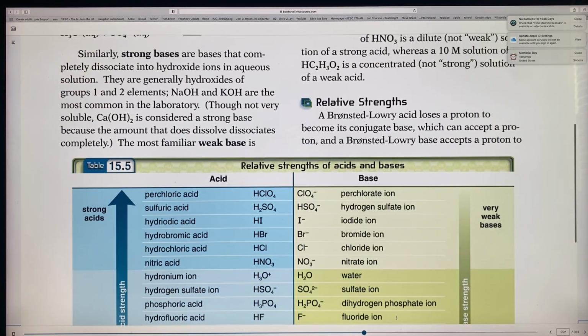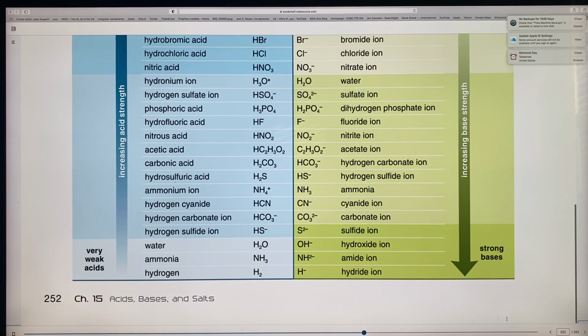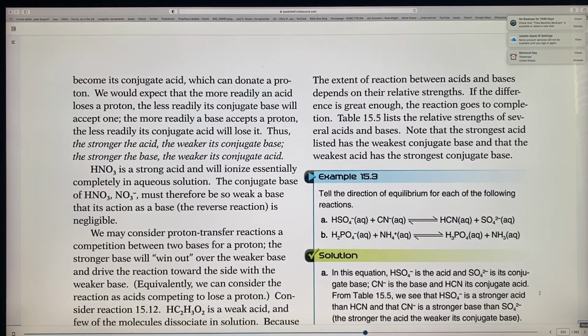So remember relative strengths: a Bronsted-Lowry acid loses a proton to become its conjugate base, which can accept a proton, and a Bronsted-Lowry base accepts a proton. So we're talking about protons in the midst of the strength.